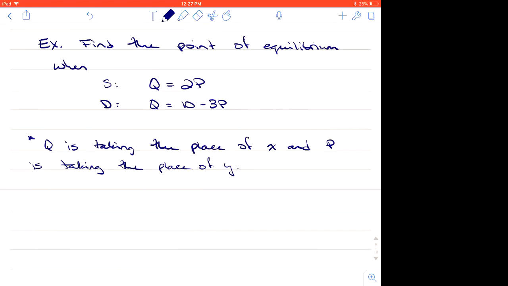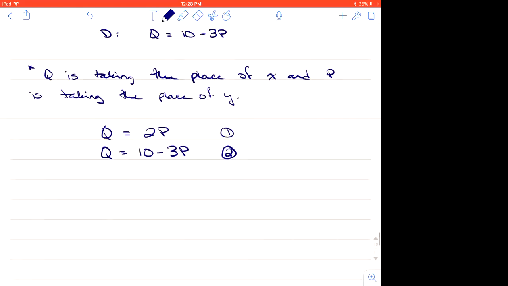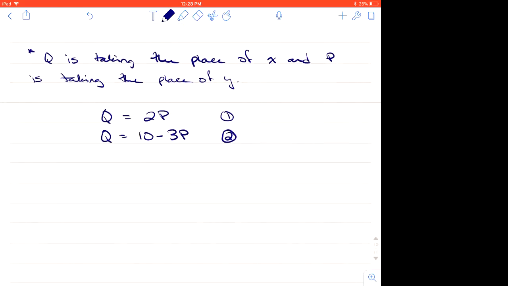So we can say something like this: Q equals 2P, and Q equals 10 minus 3P. I'm going to call this equation 1 and this equation 2. Equation 1 or equation 2, it doesn't matter, one's just going to go in place of the other.